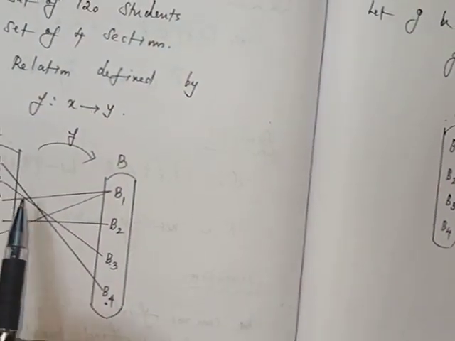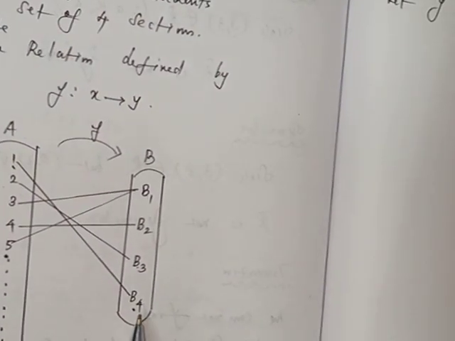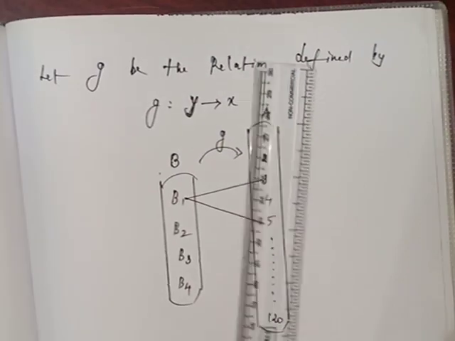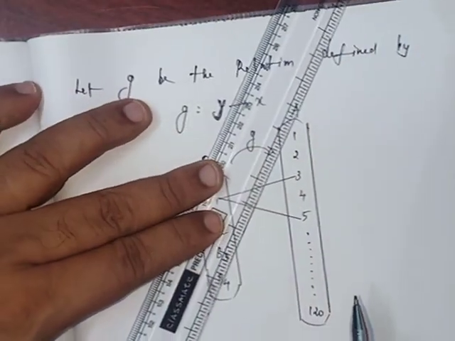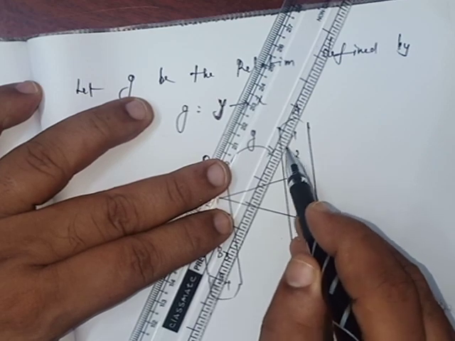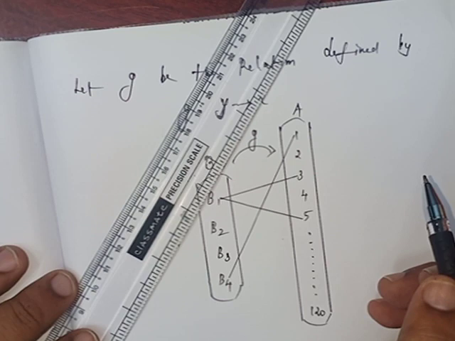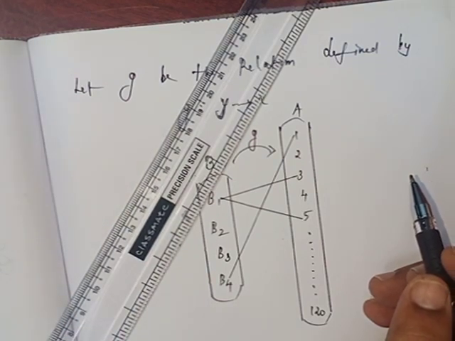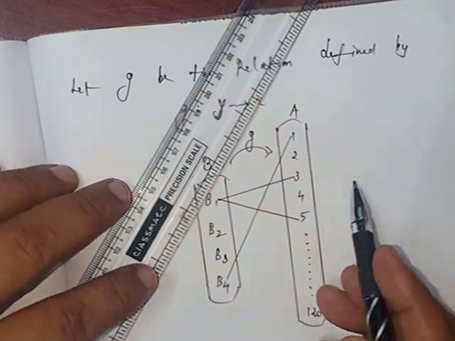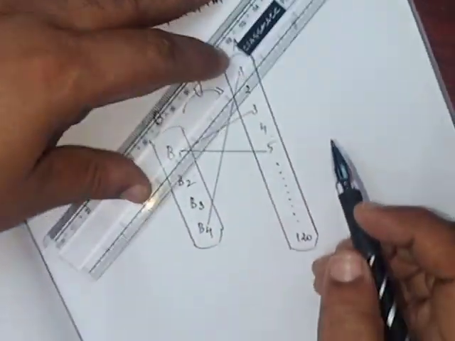Then 1 to B4, that is B4 to 1. And 4 to B2.